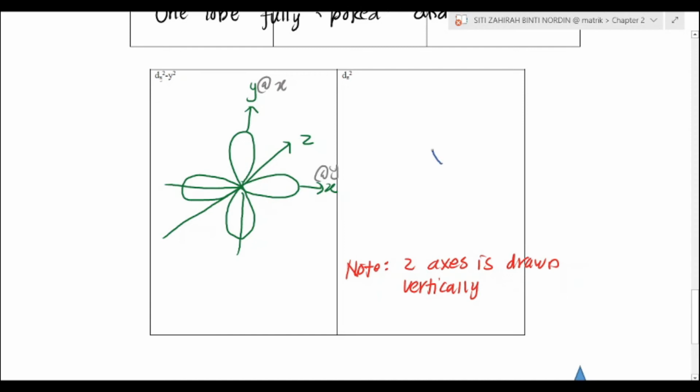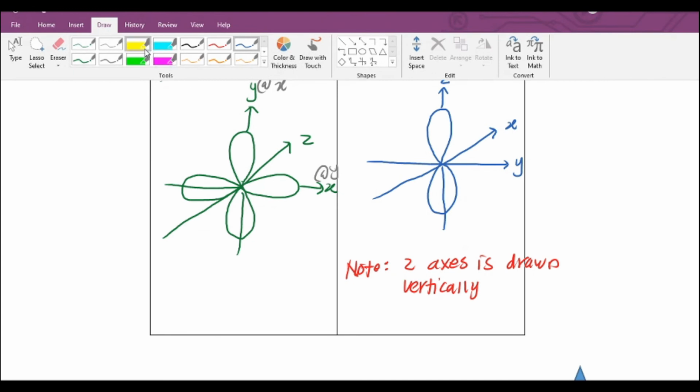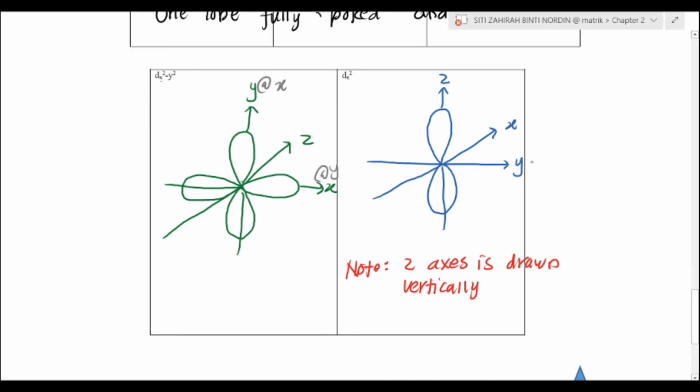But first you need to draw two lobes and label it as the z axis, and your y-axis would be this line, and your x-axis would be this line. You can change the x and y. It's up to you. Either you want to change this y into x or this x into y.